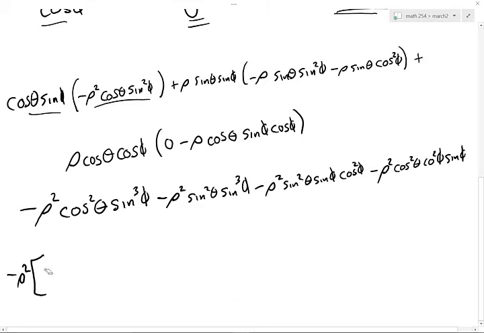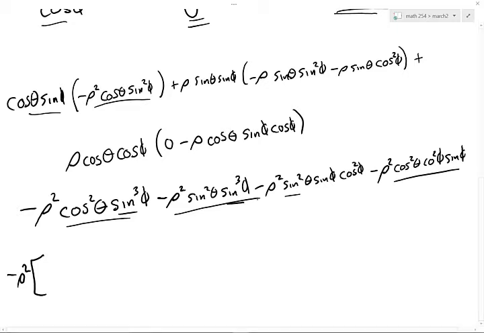I see this fella and this guy belong together, don't they? Because they both have a sine cubed. You see that? So I'm going to put those two together. And I think these two over here belong together because they each have a sine phi tagging along. So what do the first two have in common?